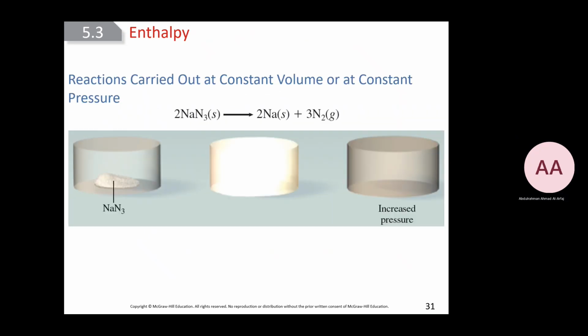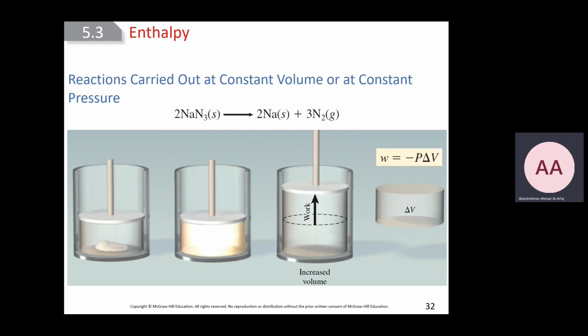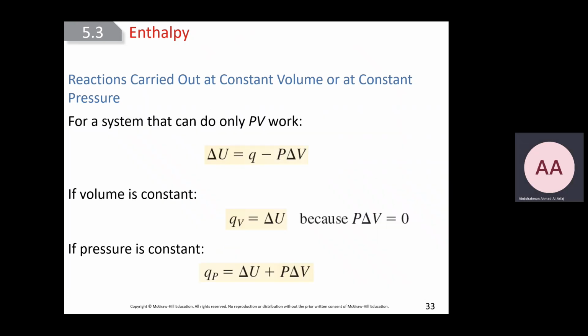Now, if we have any chemical reaction, we're going to calculate all these things. I'm going to define two things now. What's Q? Q is heat. We have two types of heat. We have QV, which is at constant volume, with no change in volume.